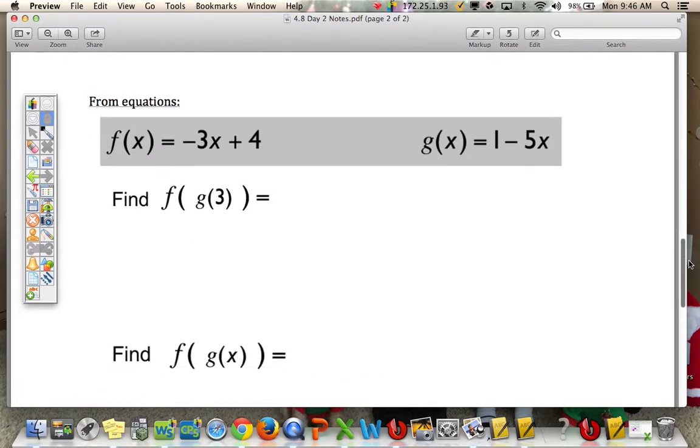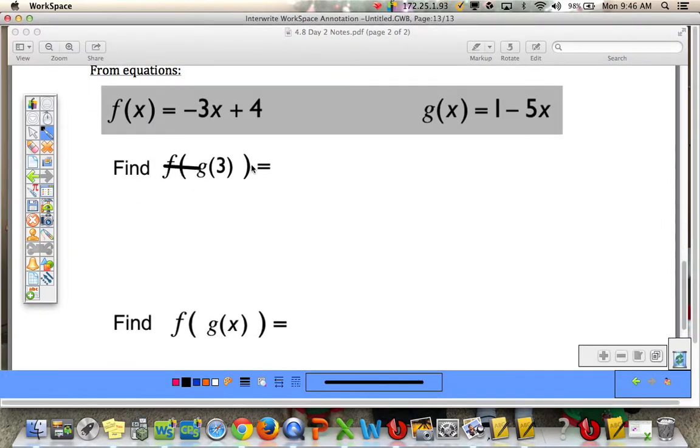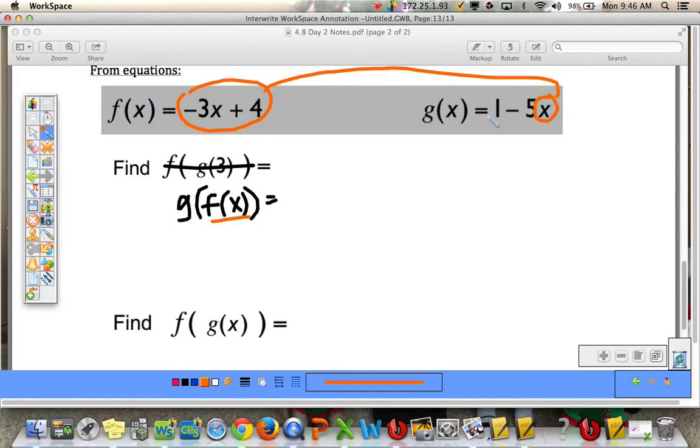Let's try it the other way around. G of f of x. I'm just going to write it up here. Okay, so let's find g of f of x. Okay, this time we're going to take f of x, and we're going to plug that in to this x right here, into the g of x function. So it looks like this, 1 minus 5, but instead of x, we're going to plug in negative 3x plus 4. Okay, like the other one, we're going to get an equation answer.